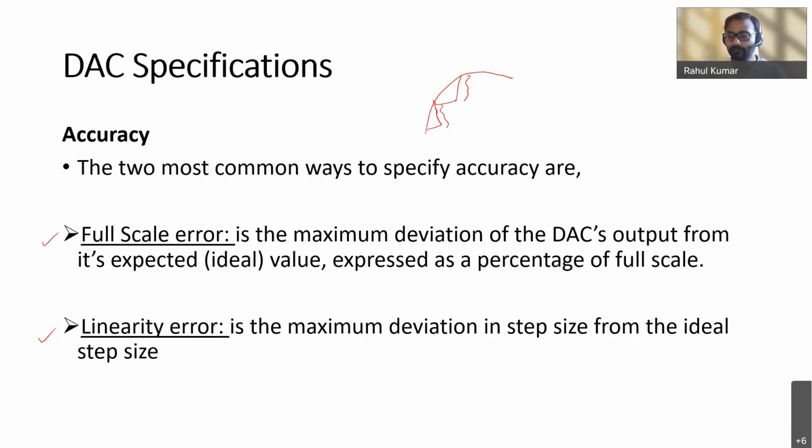So it is the deviation from the ideal step size. Ideally we would assume that the step size should be the same, but practically it is not.